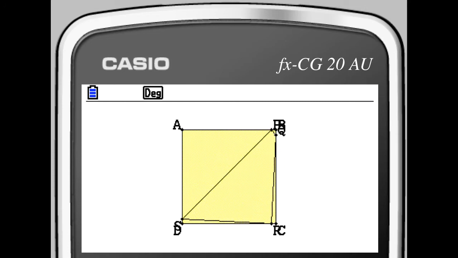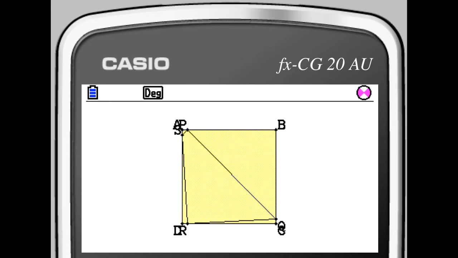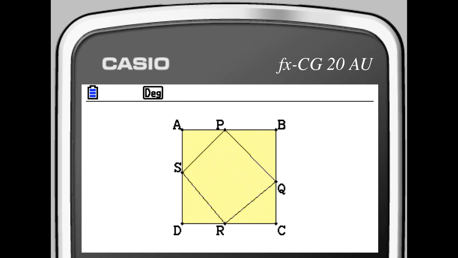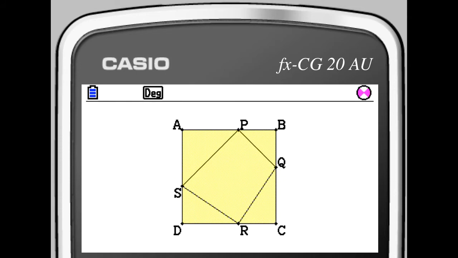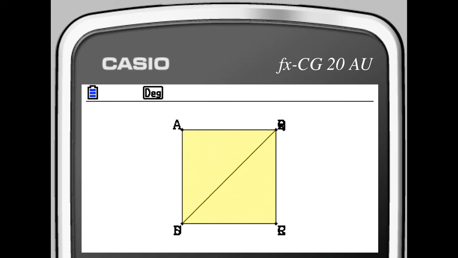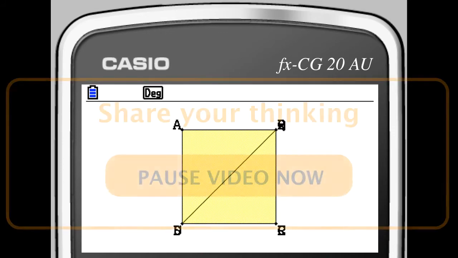Watch it closely and think about what is happening when P is located in particular positions. What, if anything, does the animation prompt you to think? Share what you were prompted to think with your class.